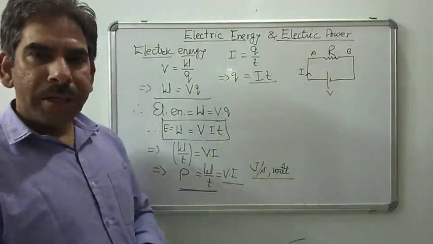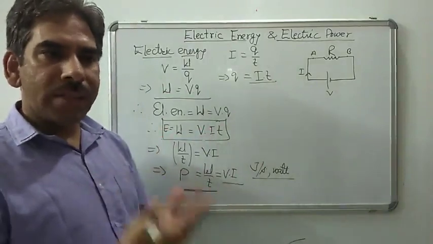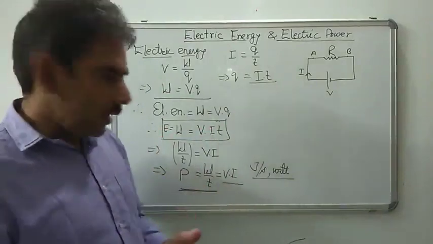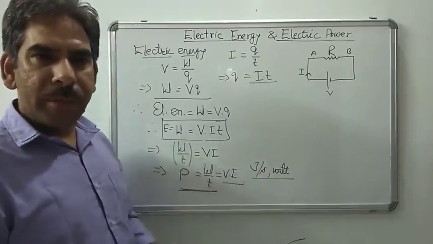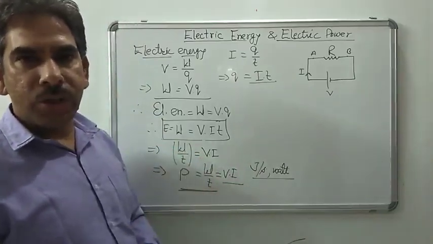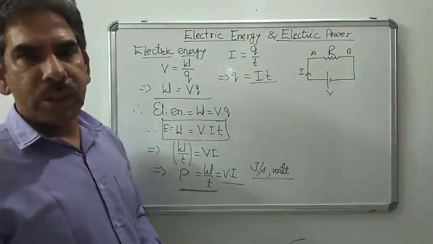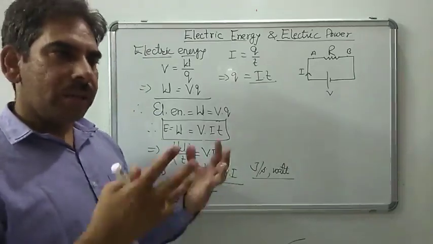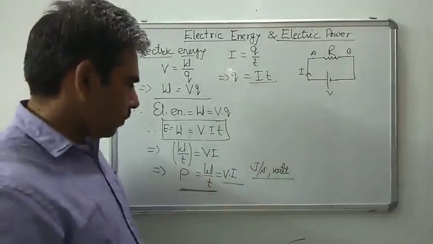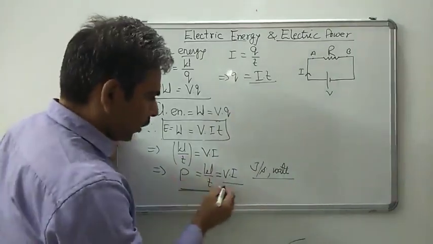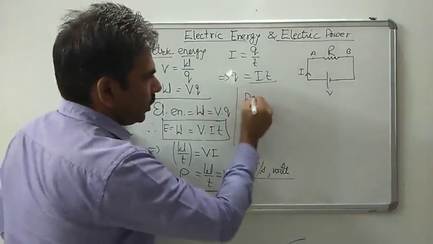And electric power gives the information about how fast the energy is consumed, and it is given by the rate of work done. We define power as the rate at which energy is consumed, or the rate at which work is done by the source.